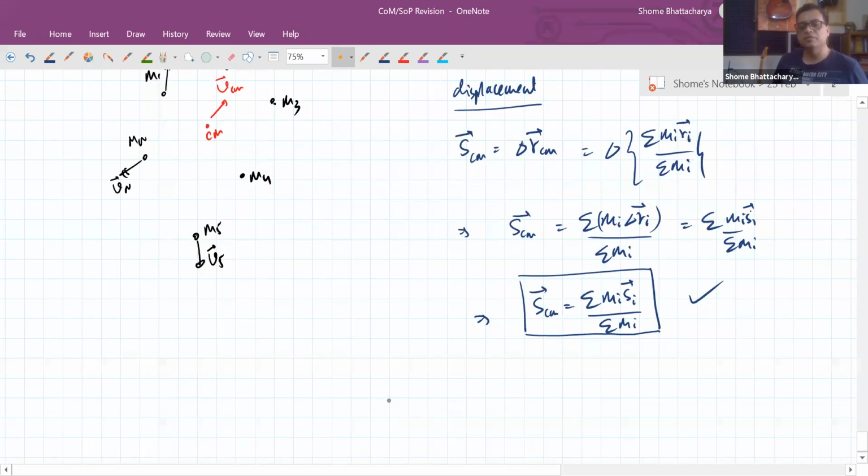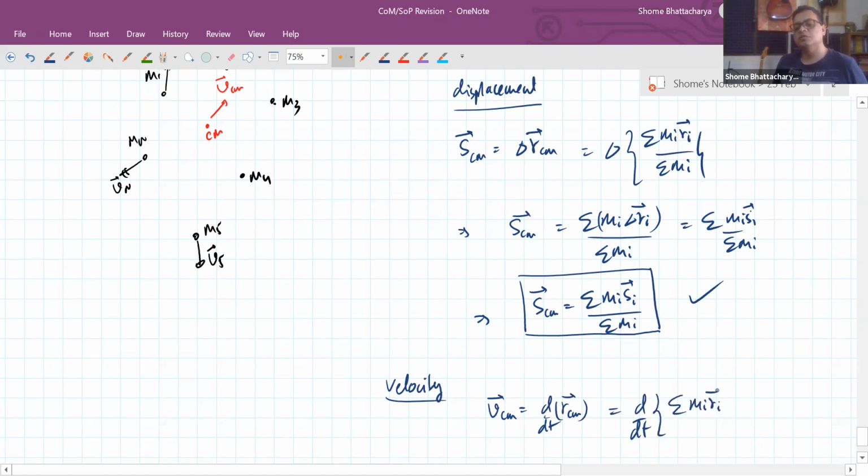And similarly, we can define velocity of the center of mass as the instantaneous rate of change of position. So this is a kinematics definition. So this will become instantaneous rate of change of summation m r divided by summation m.